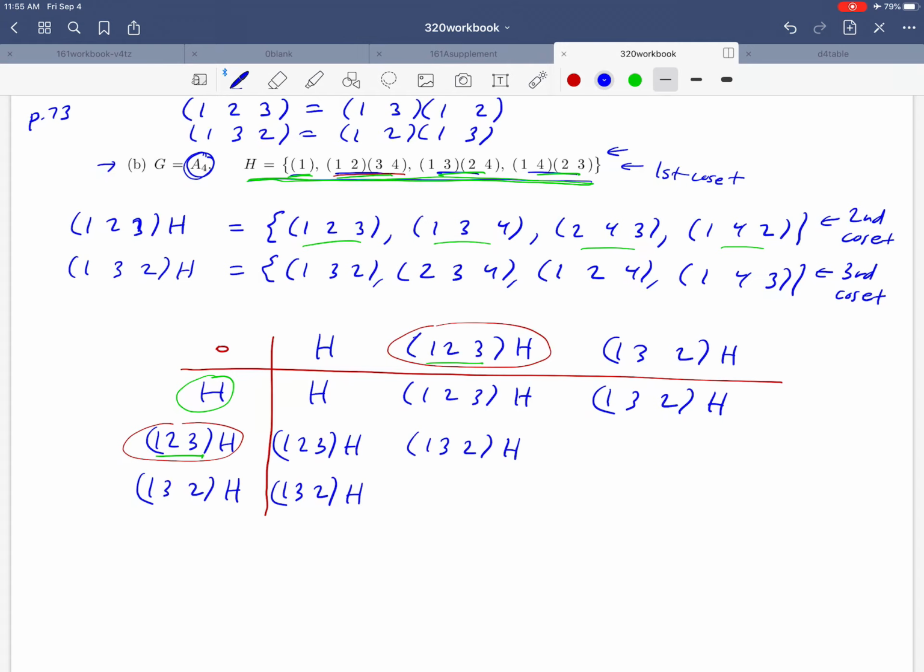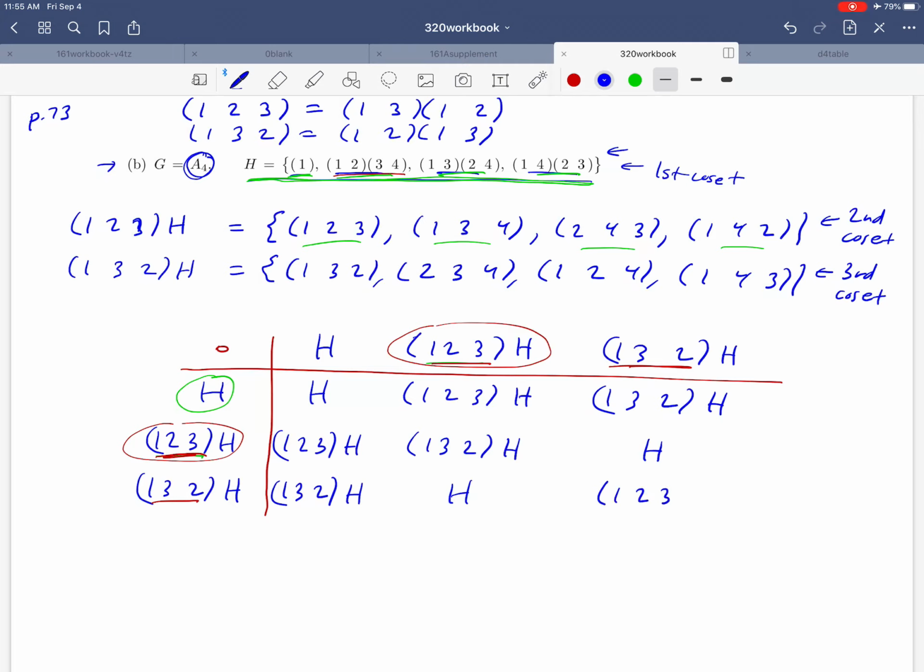Moving on to the next one, (1 2 3) times (1 3 2) gives us the identity, so that's going to get us back to just H. We just keep doing this. Next up is (1 3 2) times (1 2 3). Again, that's the identity permutation, so we get our identity coset. And because we know this is a group, we already know what the last entry has to be.